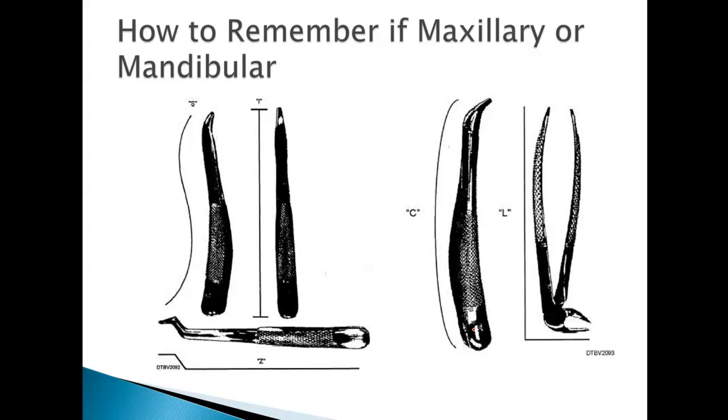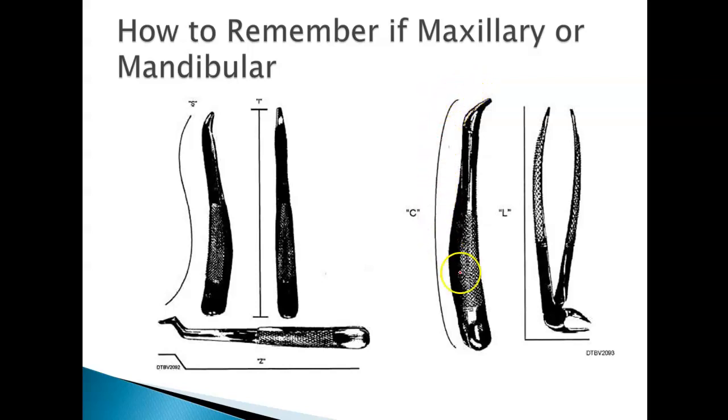But how can you remember what's going to be used for maxillary and what's going to be mandibular is how it's shaped. Anything that is S-shaped, I-shaped, or Z-shaped, if you turn the instrument, is all going to be maxillary.